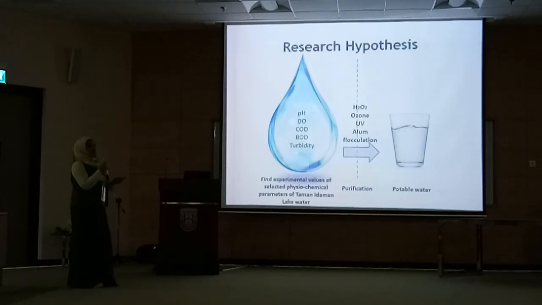Research hypothesis: we take the water sample, we bring the water sample to the laboratory, and we check pH, DO, dissolved oxygen, chemical oxygen demand, COD, biological oxygen demand, BOD, and turbidity. So now I want to explain what DO is. It's dissolved oxygen.